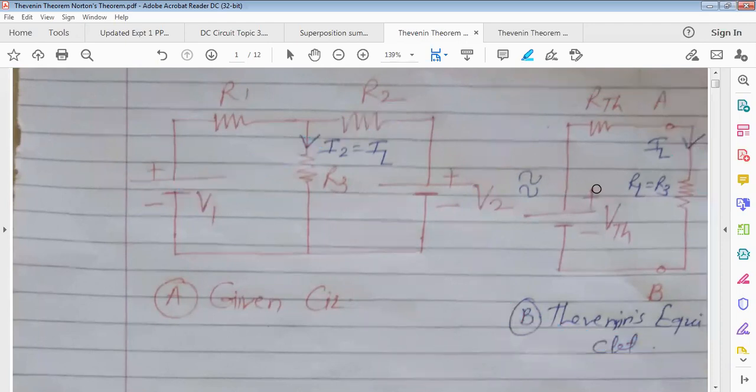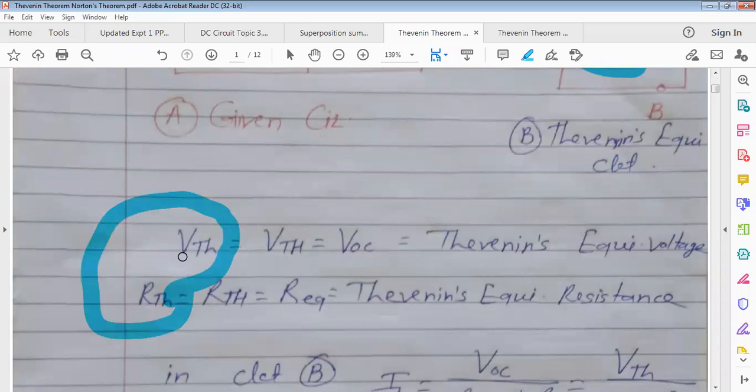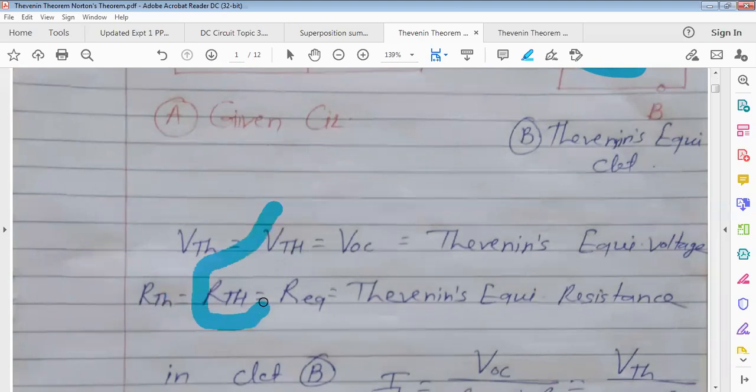Now, whatever this VTH and RTH, Thevenin's equivalent voltage and Thevenin's equivalent resistance, in some books you will find the symbol like this for both: V suffix capital T and small h, same symbol for R also. Okay, this one you can use. In some books you will find the second one also, both capital T and H. This one also you can use, no issue.